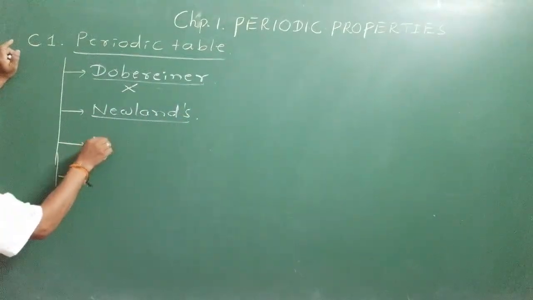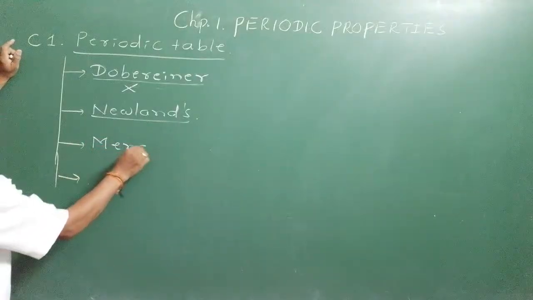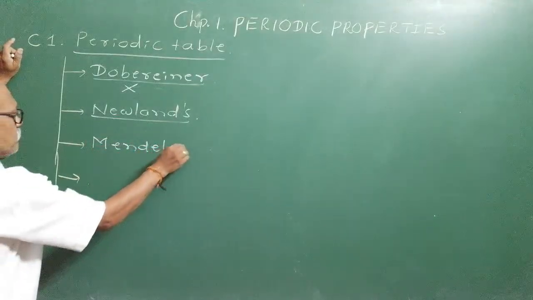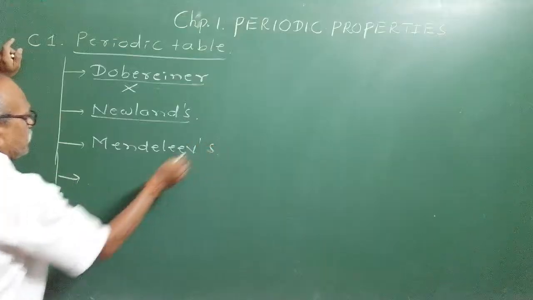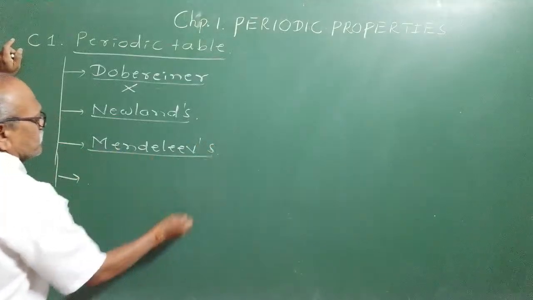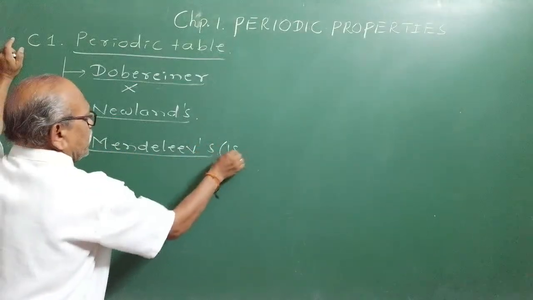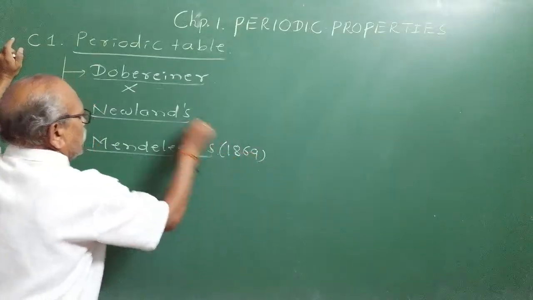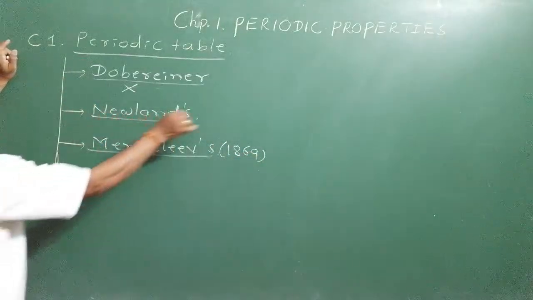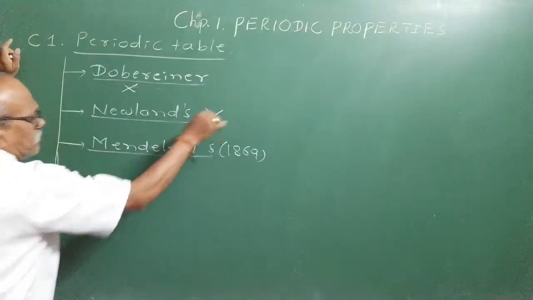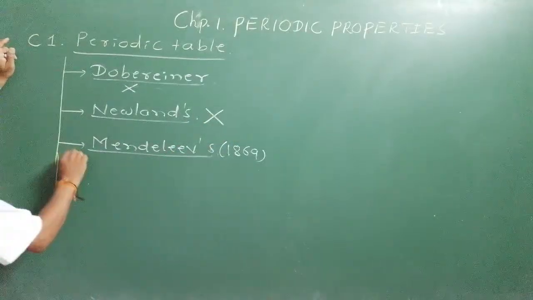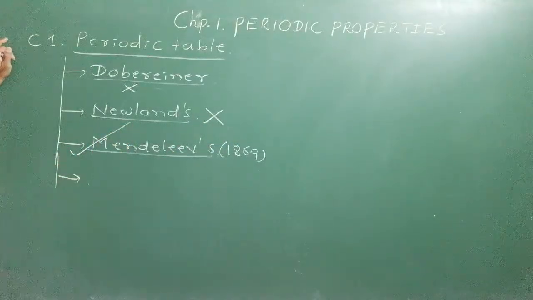The most famous table was Mendeleev's periodic table, which we studied in 9th standard, and it was the most successful. In 1869 he found it. At the same time Newlands also announced his table, but it was not accepted, while Mendeleev's table was widely accepted.